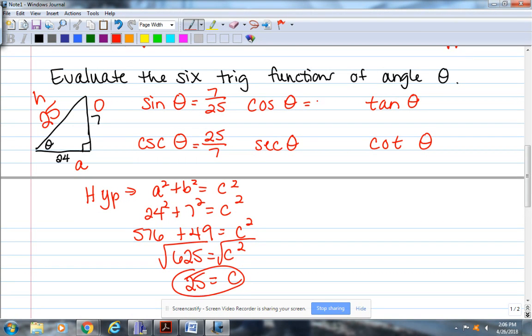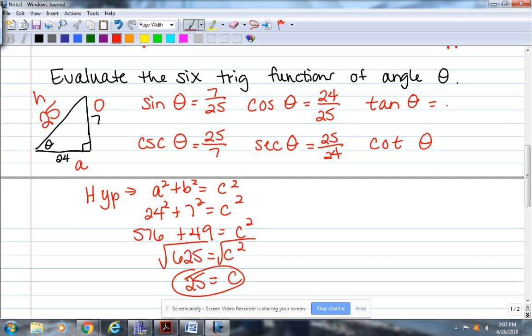So which one's adjacent? 24 over the hypotenuse, 25. So secant's going to be 25 over 24. Does that make sense? And then tangent is what over what? TOA.